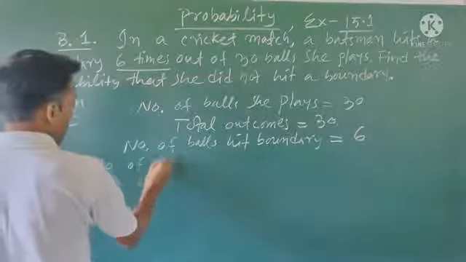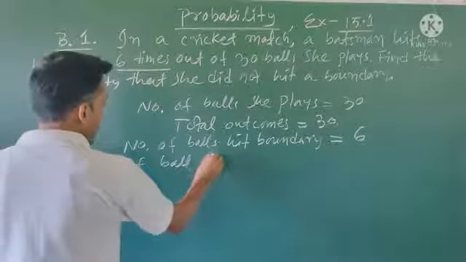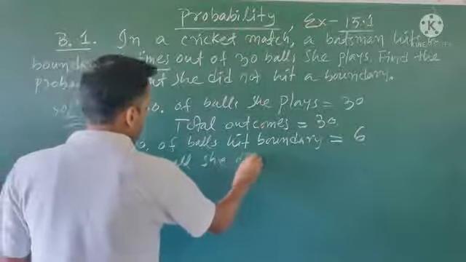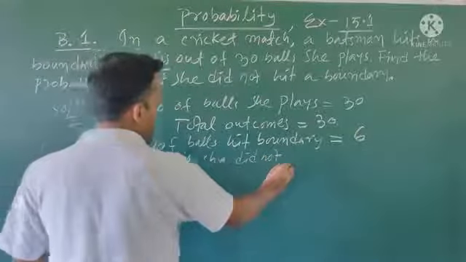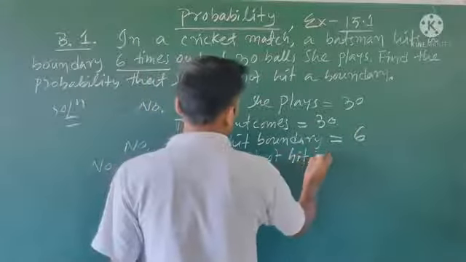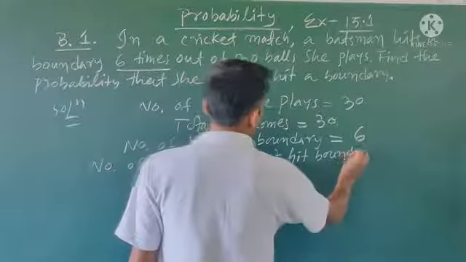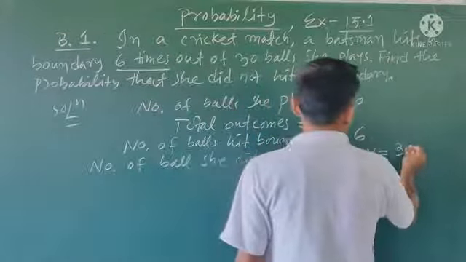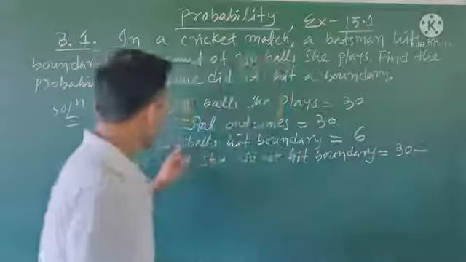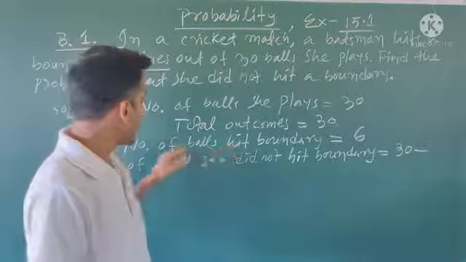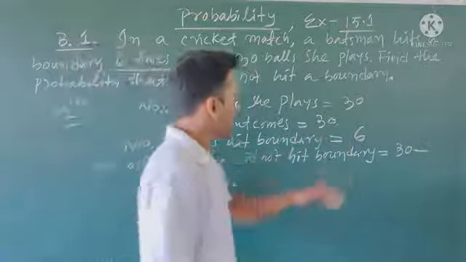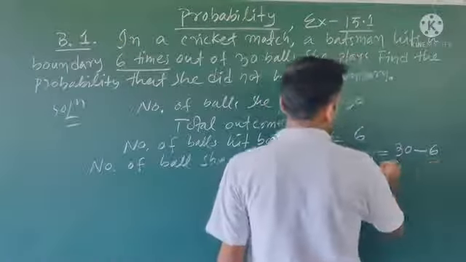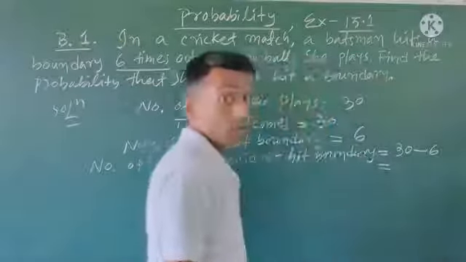Next you find in how many balls she did not hit boundary. Number of balls she did not hit boundary. Out of 30, 6 balls she hit boundary.